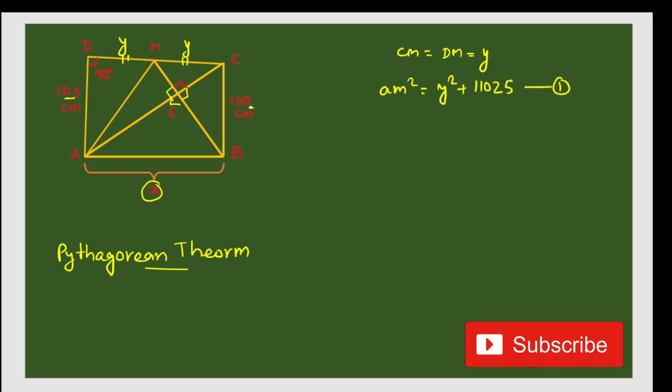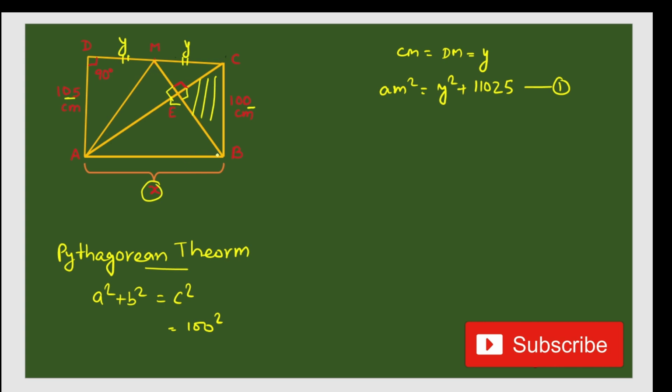Now another side length, BC, is given, it is 100 centimeters. Now we'll concentrate on triangle BCE. It's also a right angle triangle. So according to the Pythagorean theorem, a square plus b square is c square, right? Its longest side is BC and the value of BC is 100 centimeters, so we can write 100 square.